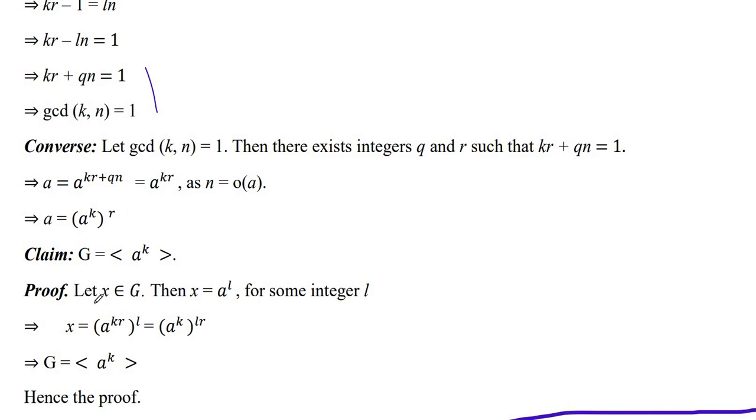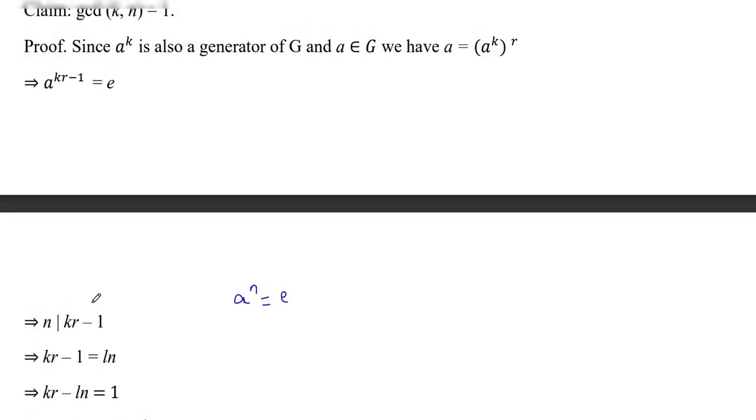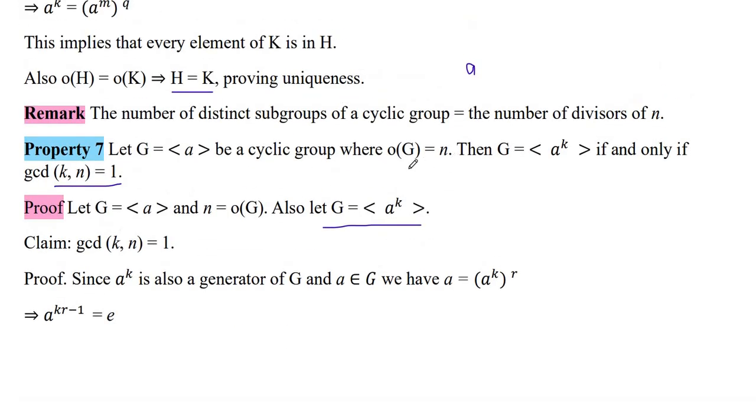So whenever we have one generator of a given finite cyclic group with order say N, we can bring in the rest of the generators. And it also says how many generators we can have for this particular cyclic group of order N. See, those numbers K for which A power K is a generator are those numbers which are relatively prime to N, which is nothing but Euler's phi function.